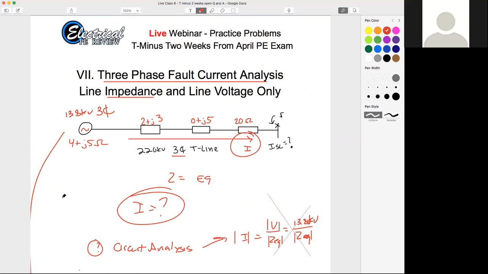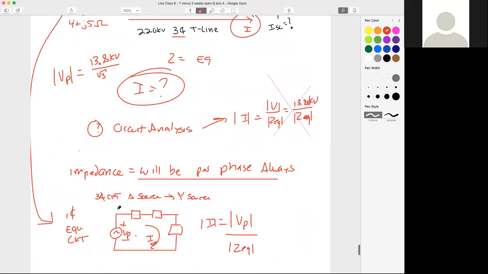So in this problem, our phase voltage magnitude would be 13.8 kV divided by square root 3. So that would be the magnitude right here on our single phase equivalent circuit. Saurabh said, wait, but would V line be the same as V phase? No. Let's do this.